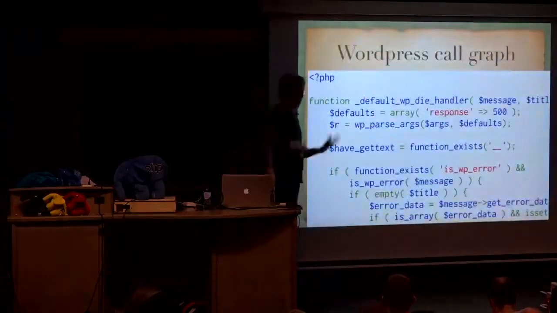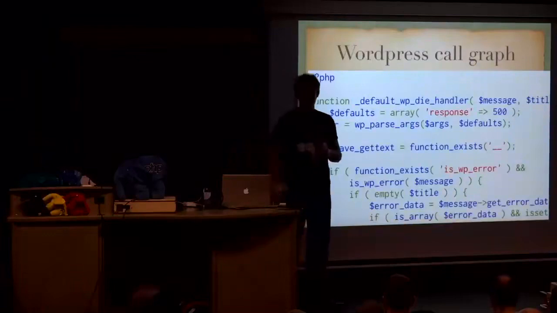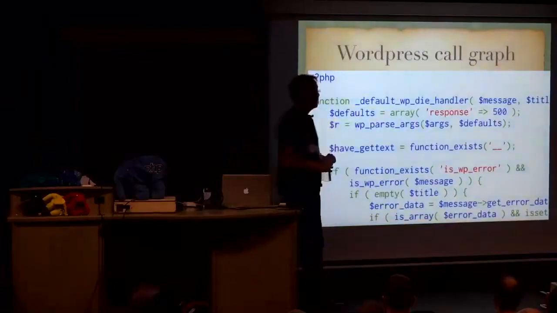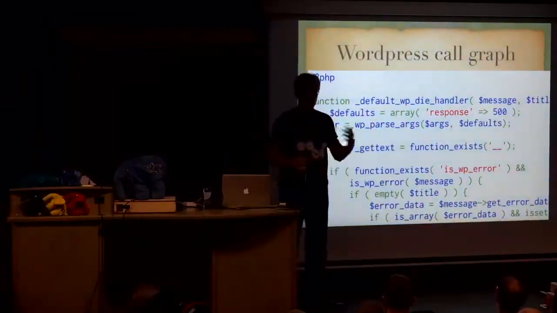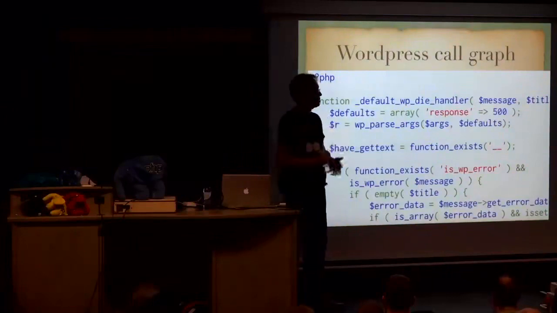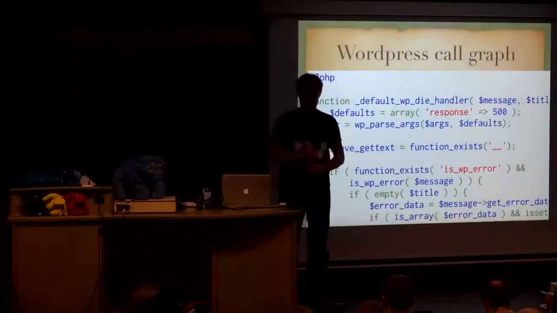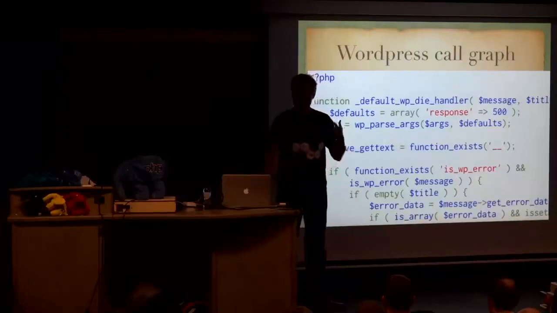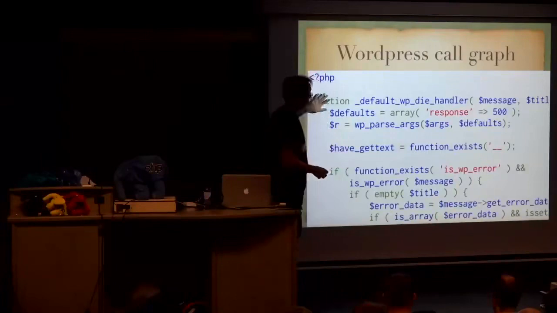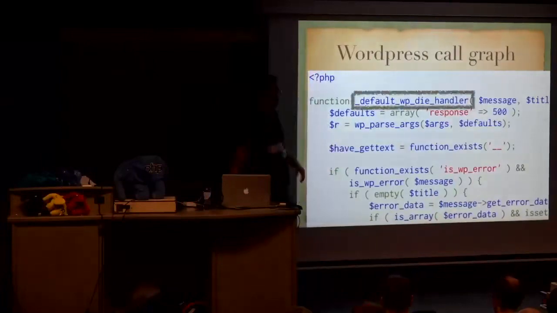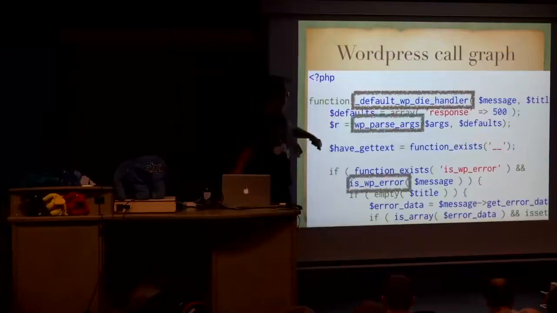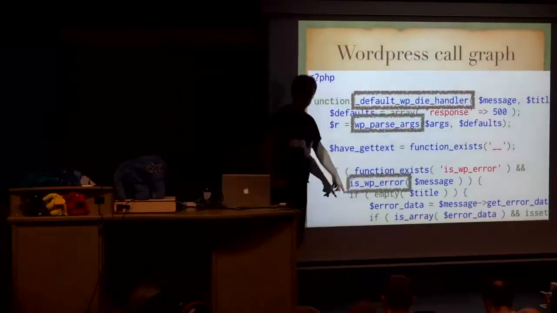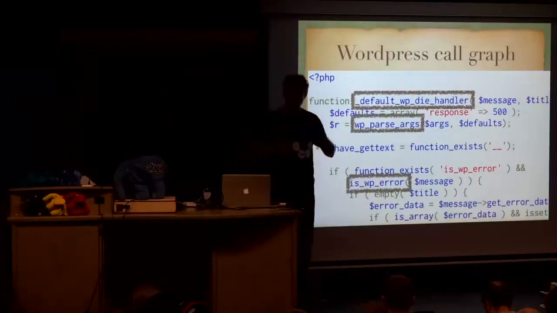So one thing we're going to work on, and that's why you're going to hear me mention WordPress a lot, is a very simple graph, which is the WordPress call graph. I chose WordPress because it's mostly functions, so it's kind of easy to understand. You take one function, the function has a name, so that's what I'm going to collect, and from there I know what other PHP functions are being called.